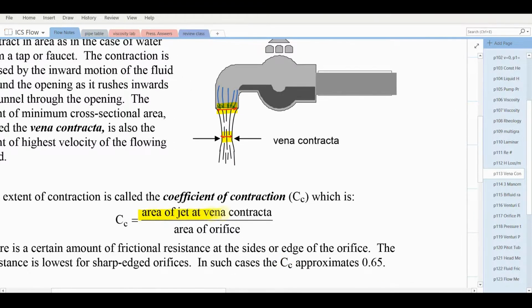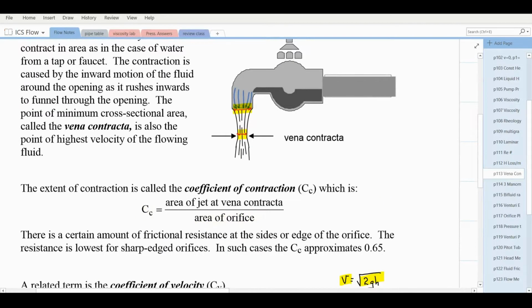The coefficient of contraction, Cc, is the cross-sectional area at the narrowest point at the Vena Contracta divided by the area of the orifice. In the case of a sharp-edged orifice, it's about 0.65. We're saying that the area at the contraction is about 65% versus the area of the opening.